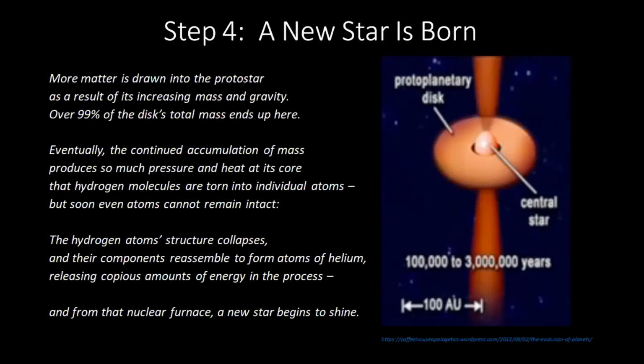And beyond that, it continues until the atoms themselves can no longer maintain their integrity. Their structure collapses, their components reassemble to form atoms of helium, and in the process, huge amounts of energy are released. And now we have a nuclear furnace, and a new star begins to shine. And that was where we got our sun.